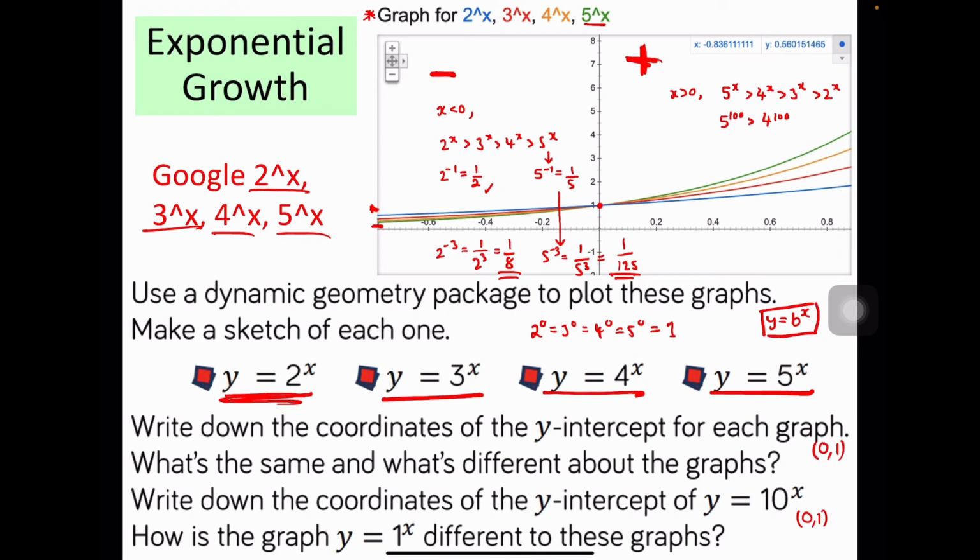How is the graph of y equals 1 to the x different to these graphs? Well, what is 1 to the power of 1? 1. What is 1 to the power of 0? 1. What is 1 to the power of 2? 1. What is 1 to the power of 3? 1. So this graph will look like this.